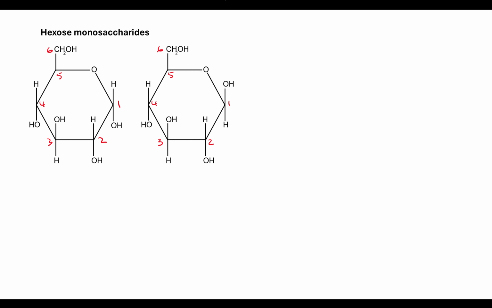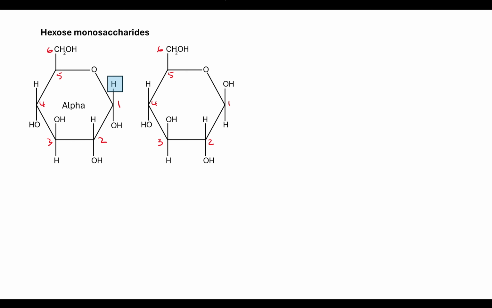So here I have 2 glucose molecules. Now they are only different in one place, but that completely changes the way that they will react. So it's important that we note that the first one on the left hand side is called our alpha glucose.